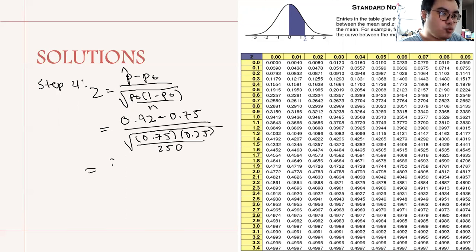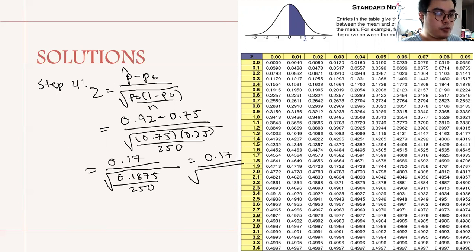So finding the difference, it will become 0.17. Then finding the product of the proportions, it will become 0.1875 divided by 250. Okay, so dividing, it will be 0.00075.